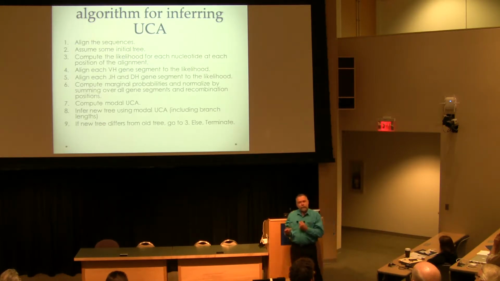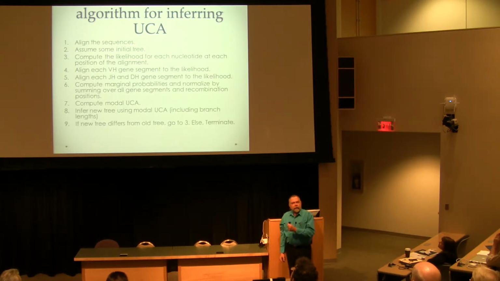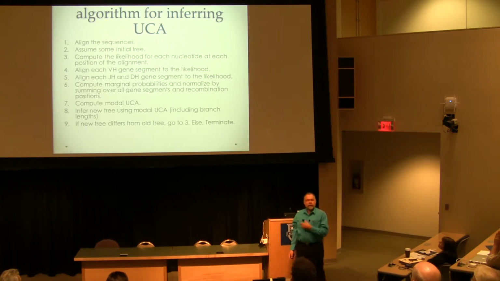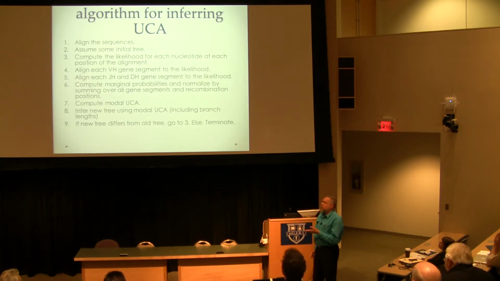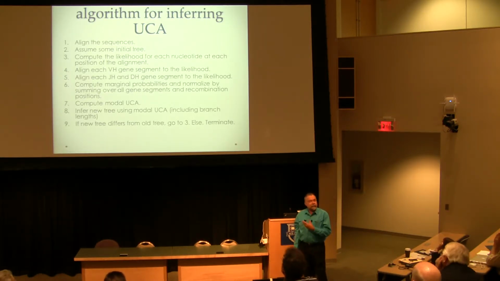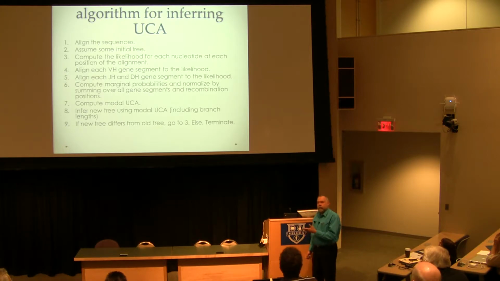So essentially what we're doing is aligning our tree against all possible ancestral states. It's a Bayesian computation, and we're literally looking at all possible ancestral combinations, but taking advantage of conditional independence of the gene segments, so we don't actually literally have to go through a billion sequences.